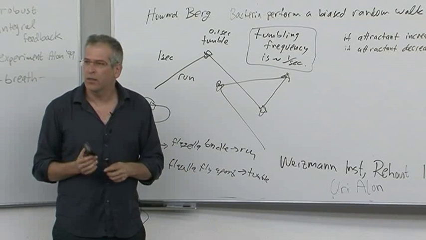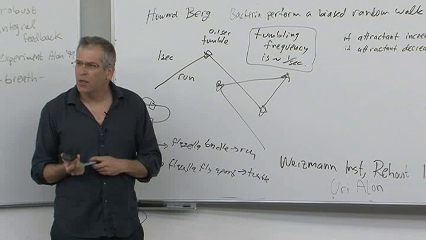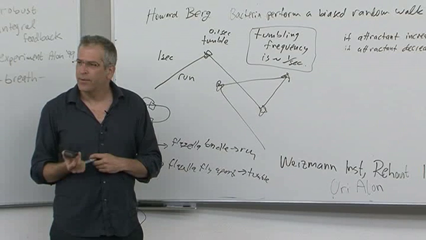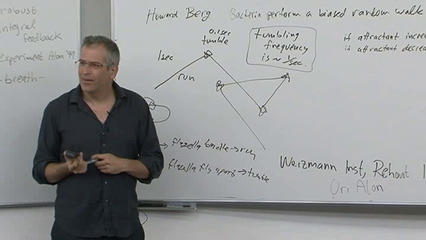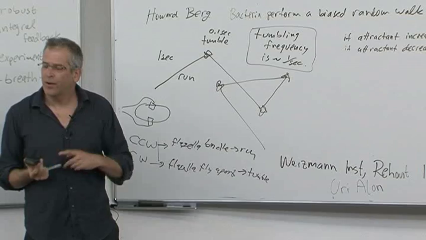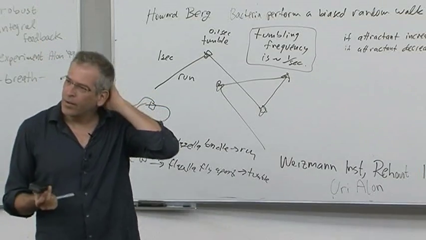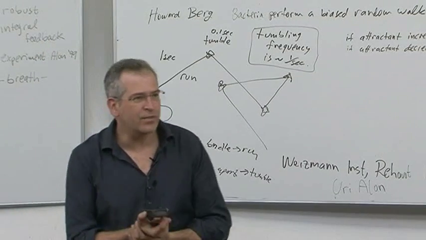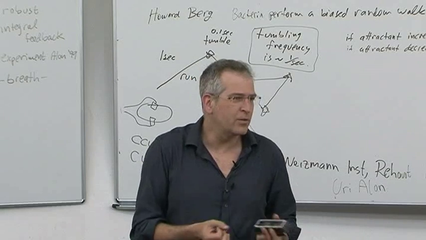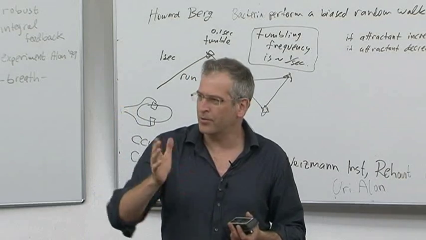Is this tumble frequency decision apparatus the rule for everything that has flagella, or do other organisms with flagella move in different ways? So there are other ways to taxi. For instance, you could imagine that you change your velocity according to the gradient.